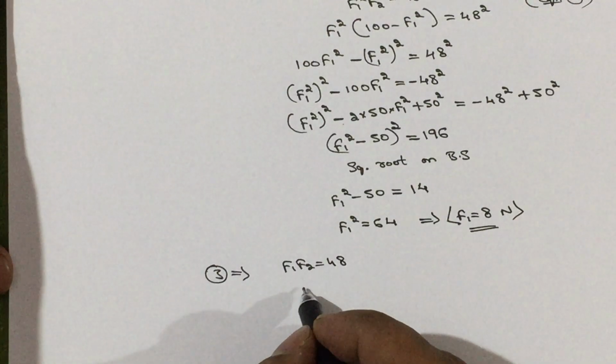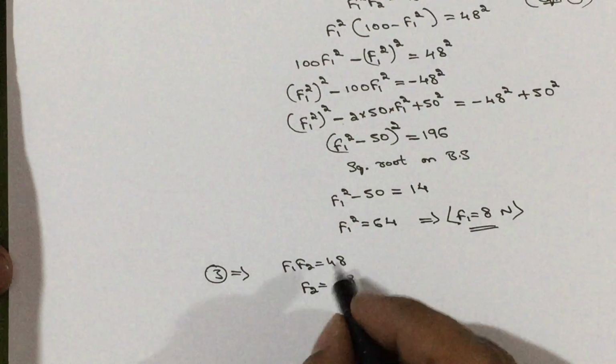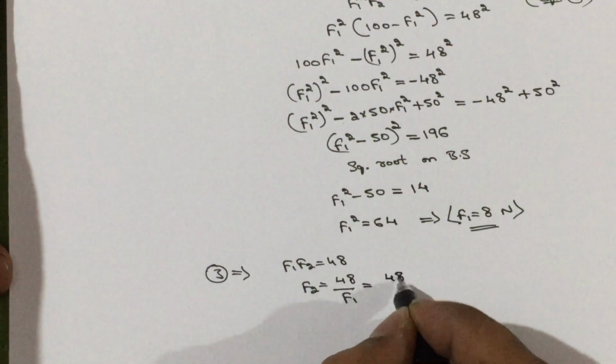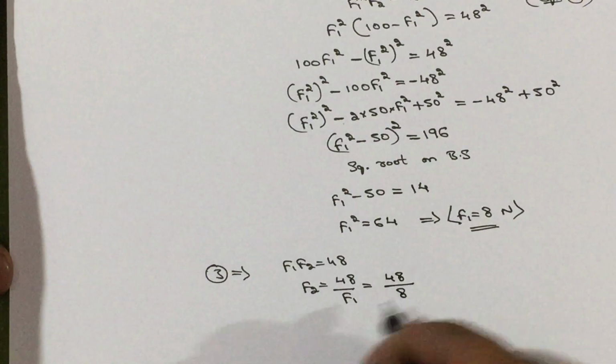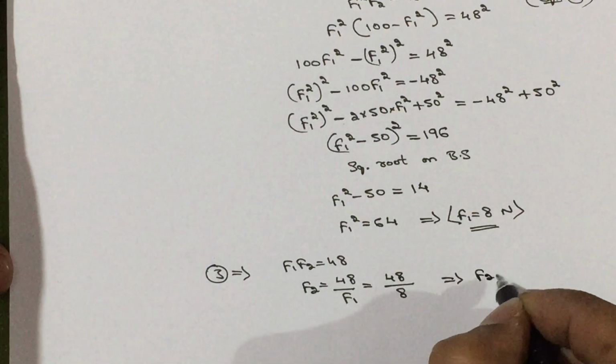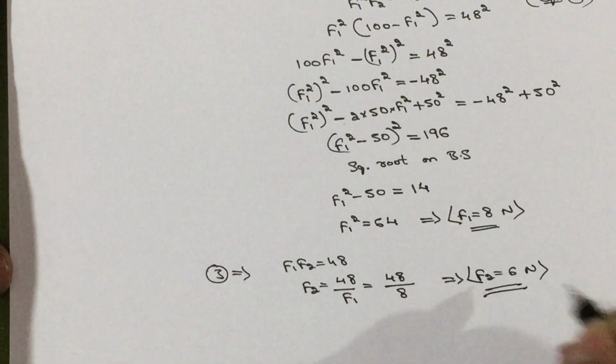We already got the value of F1. So, F2 is equal to 48 divided by F1, that is equal to 48 divided by 8. So, you are going to get the value as 6 Newton, that is, F2 is equal to 6 Newton. That is all.